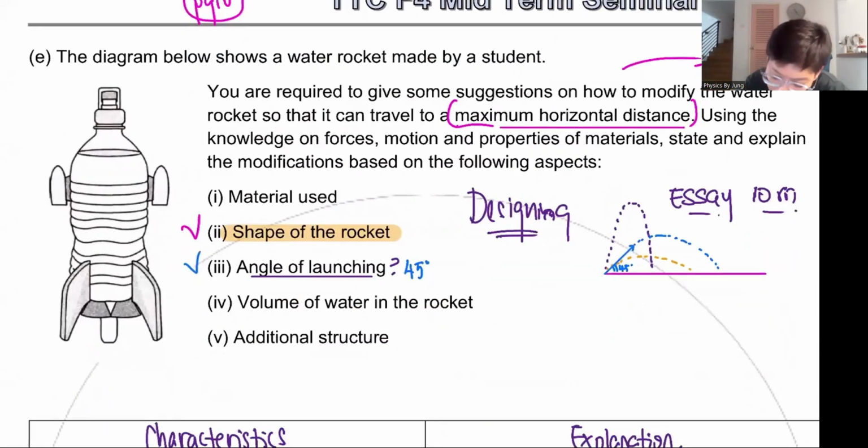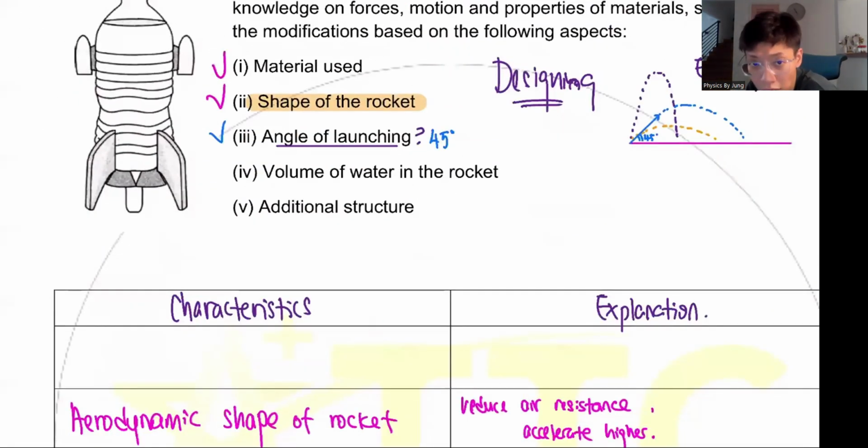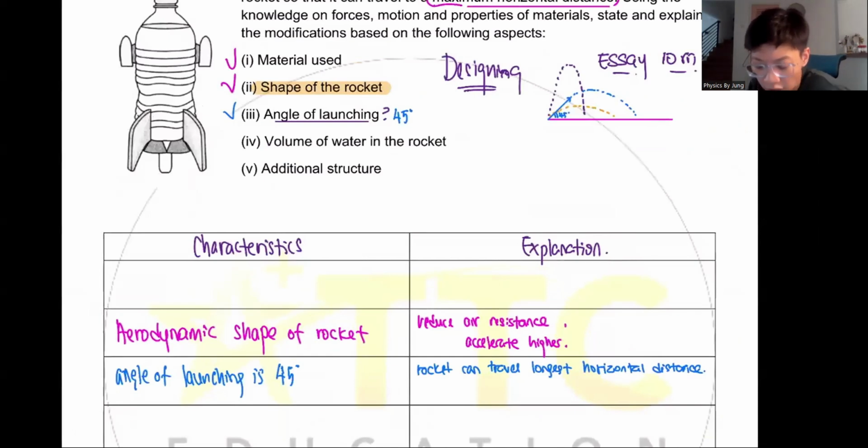Next, the material used is also very easy. So guys, what about the material used? Even though it is very easy, people will tend to get it wrong the first time. So Bernice, what's the material used for the water rocket? Anybody? Regan?